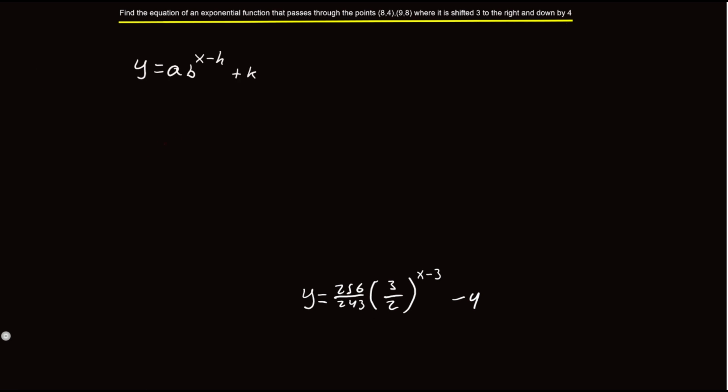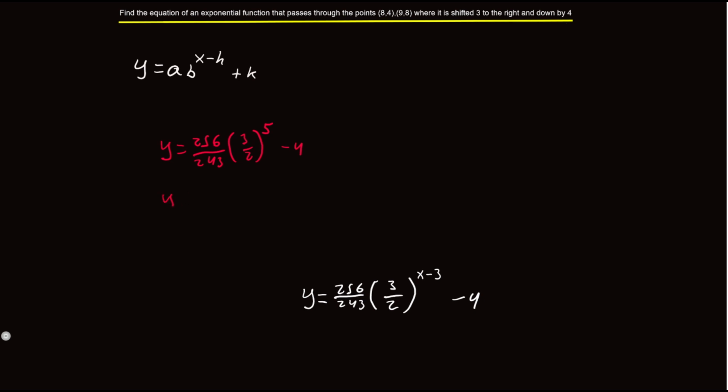So we are getting y is equal to 256 divided by 243 times 3 divided by 2 to the power of 8 minus 3, which is 5, minus 4.